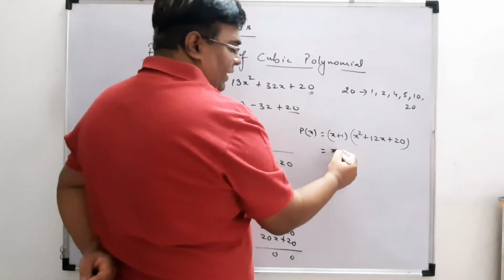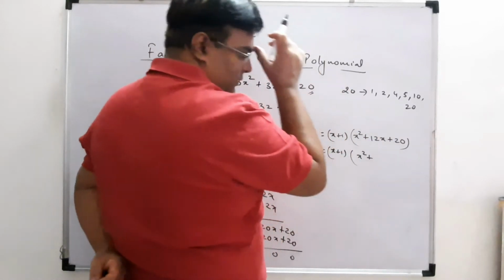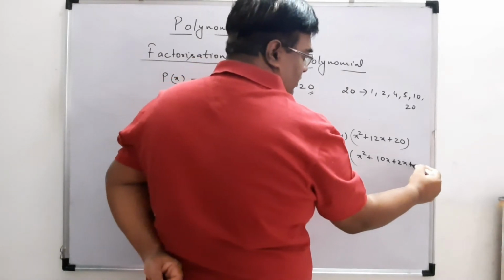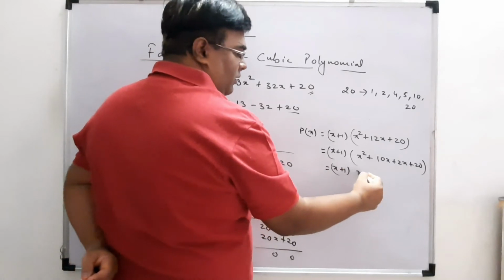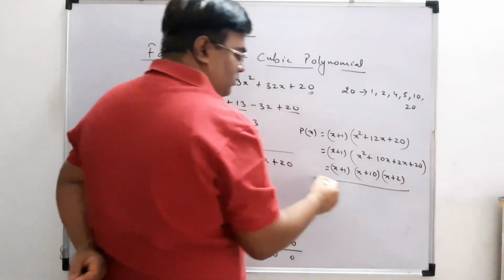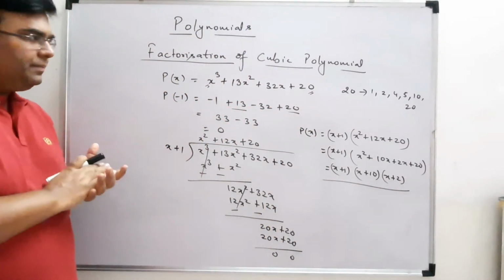In this case I am finding it easier, so we can say x² + 10x + 2x + 20, x(x + 10) + 2(x + 10). Correct?